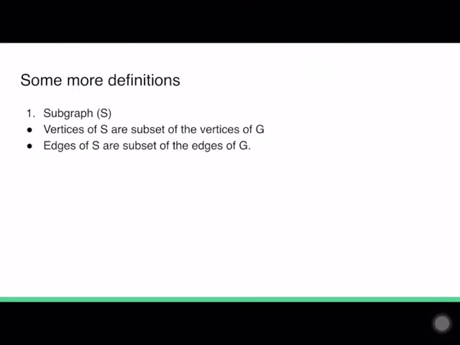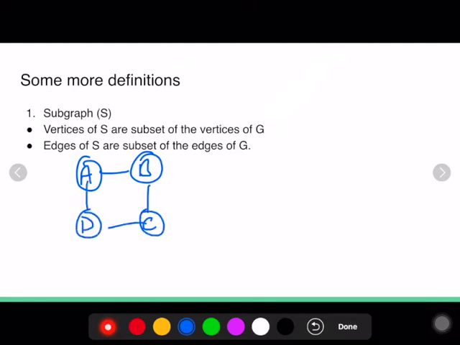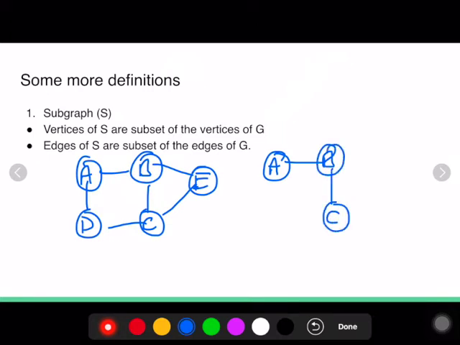So consider a graph like this: A, B, C, D, and E. I can consider a subgraph like this, which will contain maybe all vertices or maybe some subset of the vertices. Similarly, I can have some subset of the edges. So that is called a subgraph.